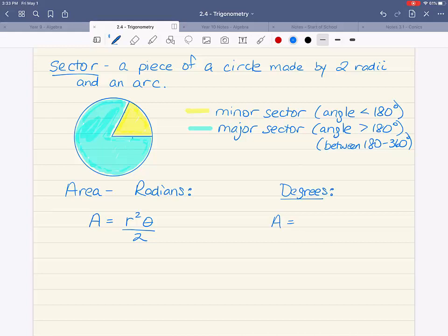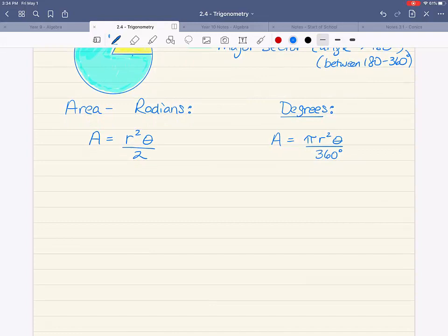For degrees, you basically have to convert your angle within the process of the problem. So for the area of a sector in degrees, the formula is pi r squared theta over 360 degrees. So let's do an example problem of each.